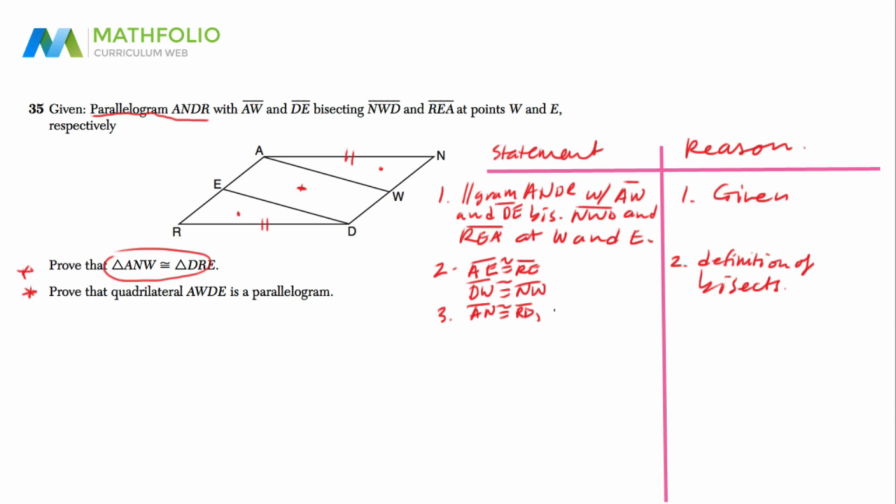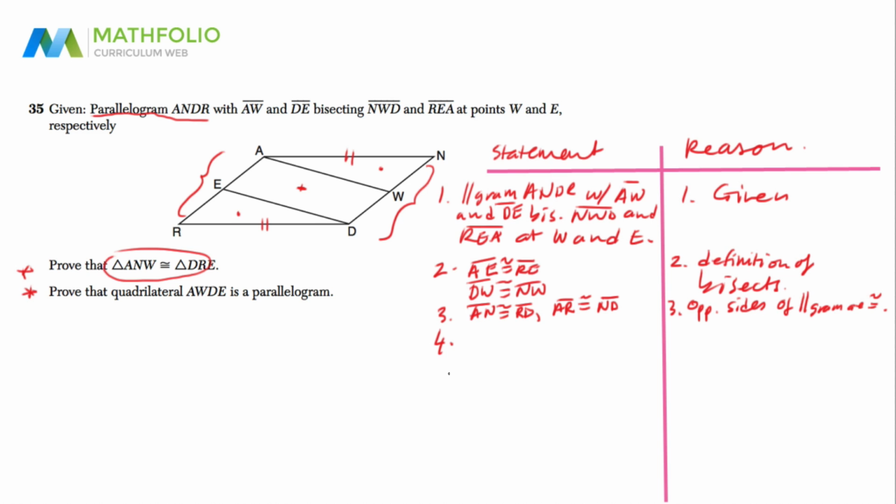And also we can say that AR, this one over here, is congruent to ND. And the reason for that is opposite sides of a parallelogram are congruent.